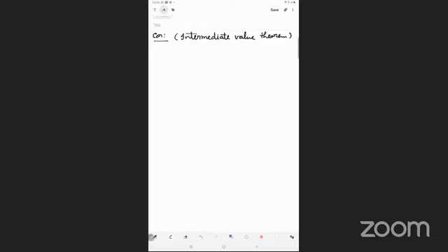So I'm just writing that: let X be a connected metric space and f from X to R is continuous.